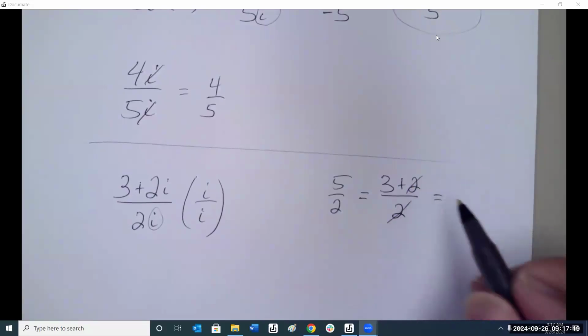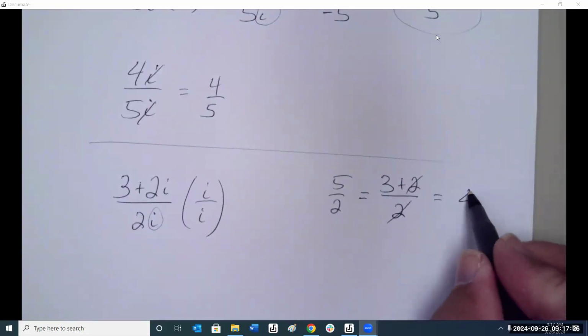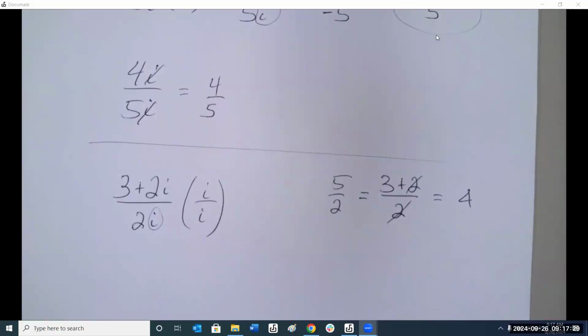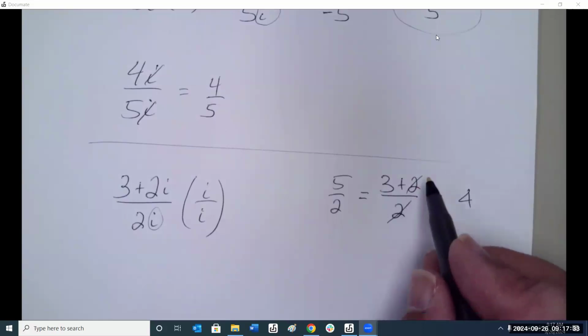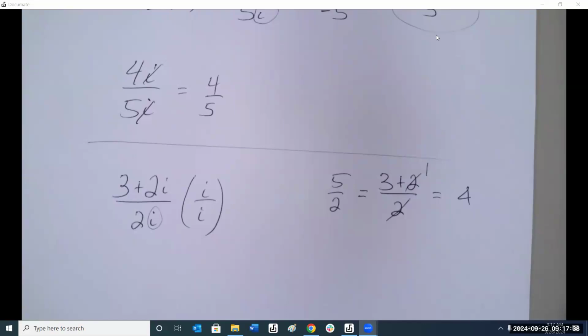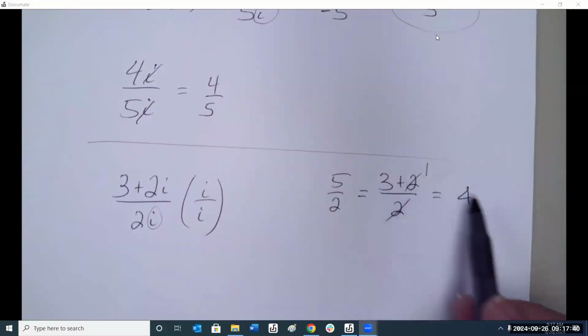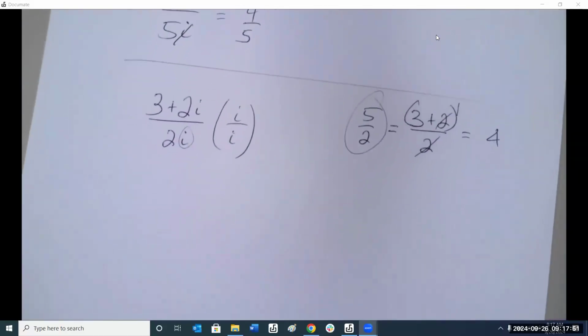So if we cancel these, what does it equal now? 2 goes into 2 how many times? 1. So 3 plus 1 is 4. Are they the same answer? Which one do we know is right for sure? So if you have a plus or minus, they have to stay together.